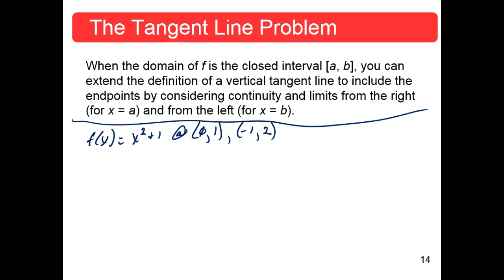When you put a 0 in here, what does your y become? 1. Yeah, so that works. How about this one? When you plug in a negative 1 for x, that would become, yeah, 1 plus 1 is 2. Didn't know we'd be doing such high level math today, okay? So yeah, both of those points are on this graph, okay? I always like to verify that before I start doing a problem, because if they weren't, then you're trying to prove something that can't be true. And those are true, okay?